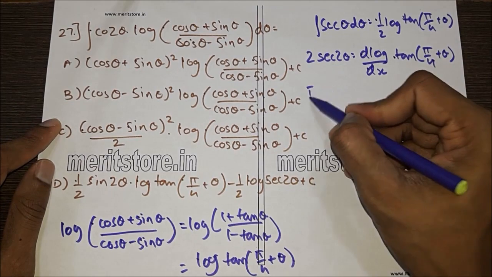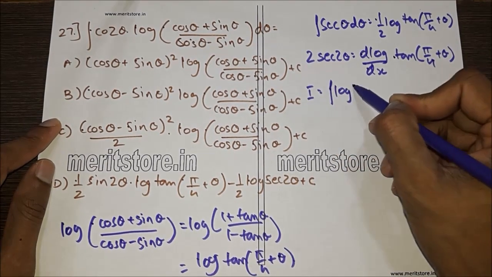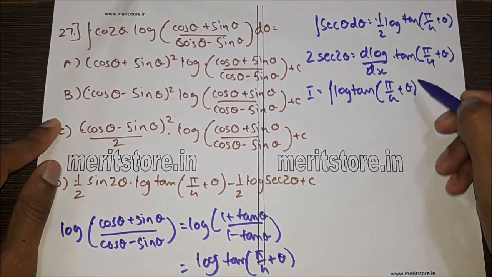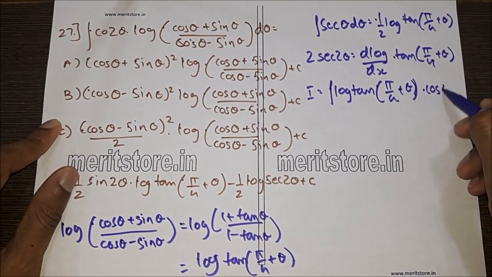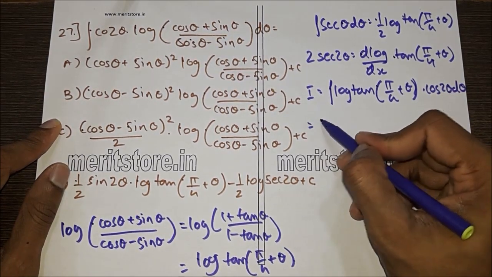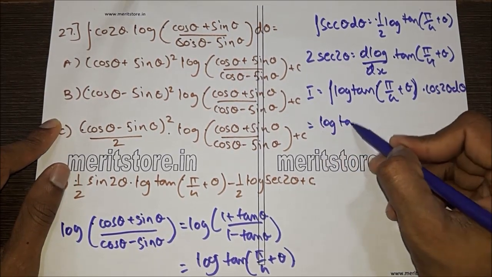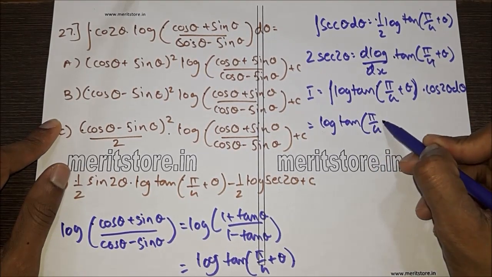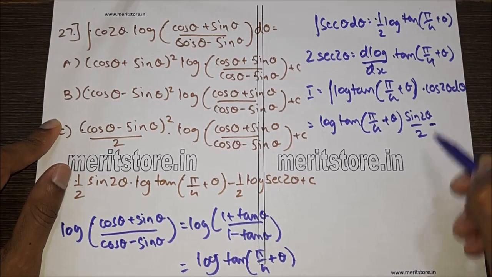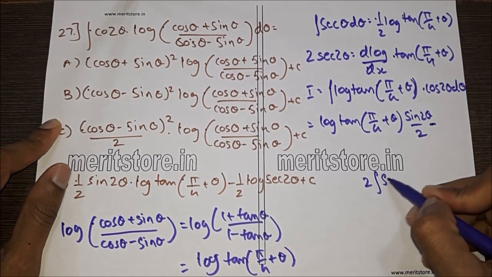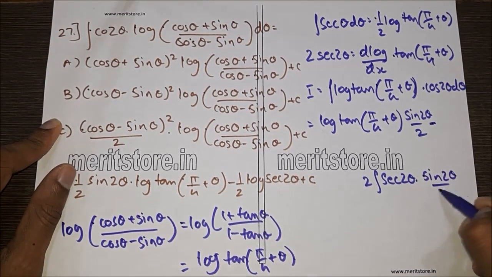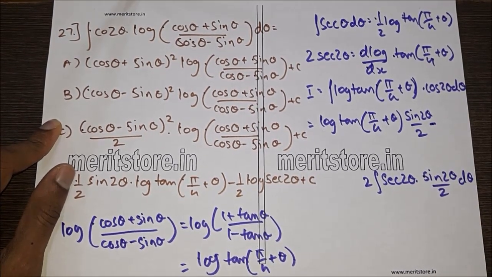Further, we take I equal to integral log tan pi by 4 plus theta into cos theta d theta. You can write this as log tan pi by 4 plus theta sin 2 theta upon 2 minus integral 2 sec 2 theta into sin 2 theta upon 2 d theta.